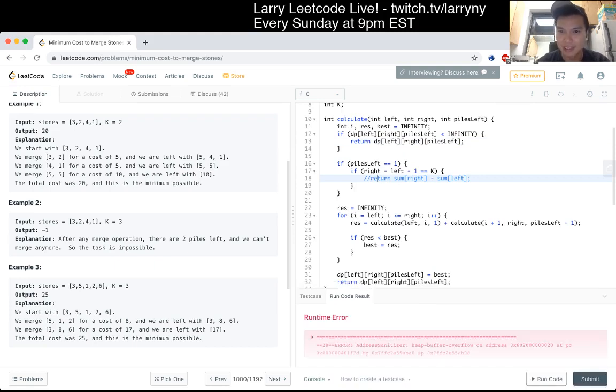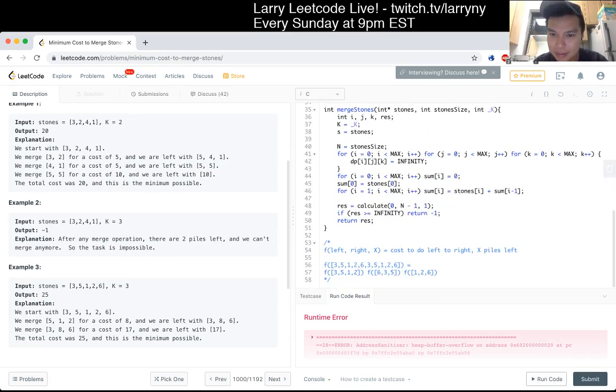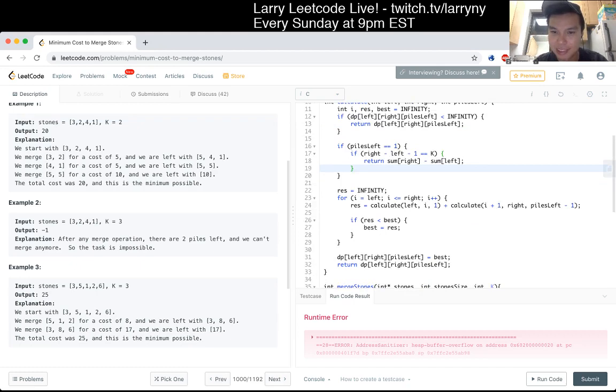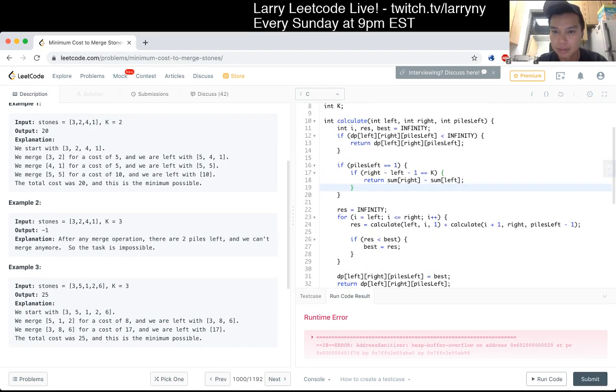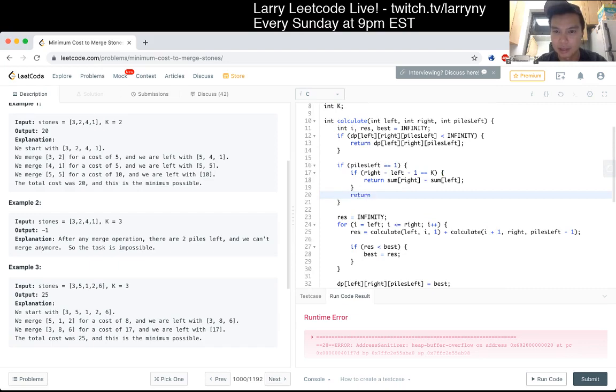Yeah, well, I guess we just don't have enough base case for that. How did this work before? Policy goes to 1, then you put it all together, that's fine. There's another base case. Otherwise, return infinity.